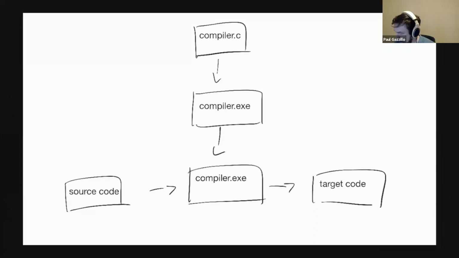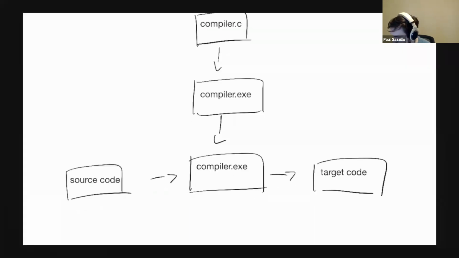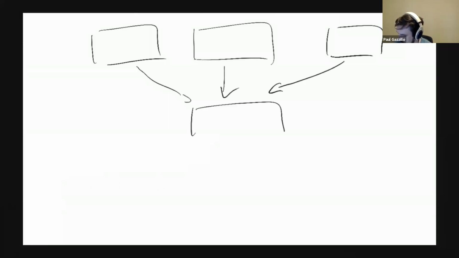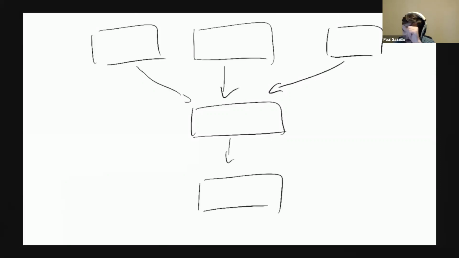And last week, we wrote a compiler for this toy language. And we separated it into the several phases of compilation. Does anybody remember what some of these phases of compilation were from last week? Optimization is one. Linking. Well, linking is kind of separate from compilation.